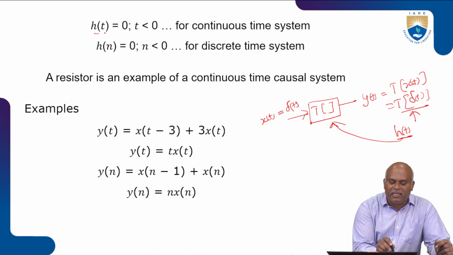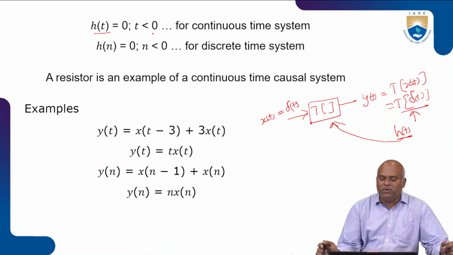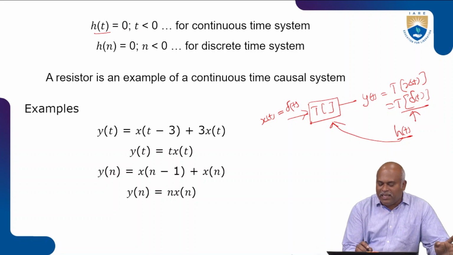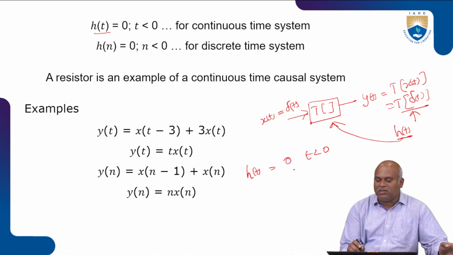This h of t is equal to 0 when t is less than 0 for the continuous time system. That means h of t is active only for t greater than or equal to 0. If t is less than 0, it is represented as 0. There is no signal present on the left side.